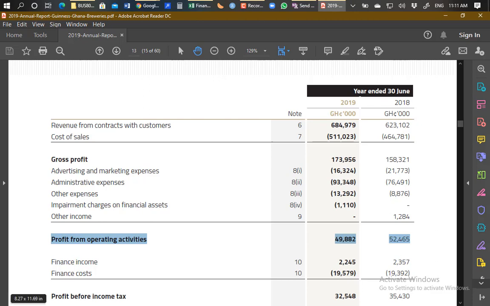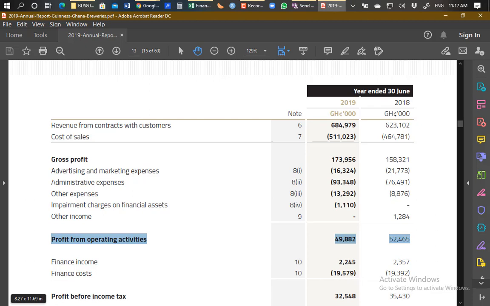Then these are the things that we think are not really part of the core operations of the company. Finance income, finance costs, I'll explain them. Apart from, for example, Guinness Ghana selling Guinness, selling Star and all those things, Guinness Ghana can also buy shares in some other companies it thinks are doing well.